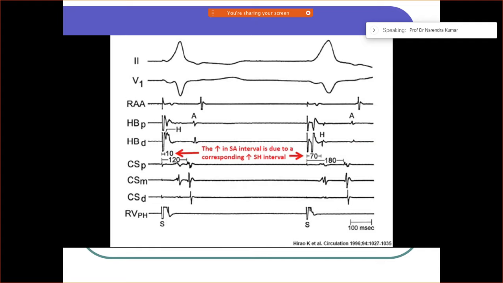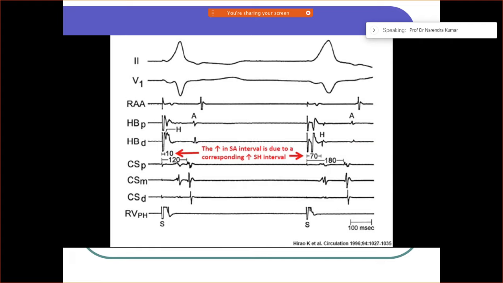And the HBRP capture was lost in the right complex, resulting in the widening of the QRS, which I already tried to emphasize. In fact, there's a 60 millisecond increase in the SH interval from 10 to 70 milliseconds, which is also associated with a 60 millisecond increase in the SA interval from 120 to 180 milliseconds, right? Which again, we have marked over here.